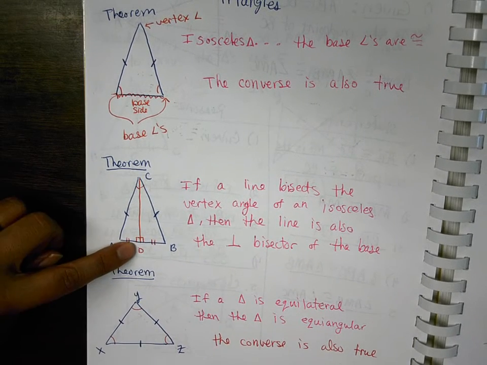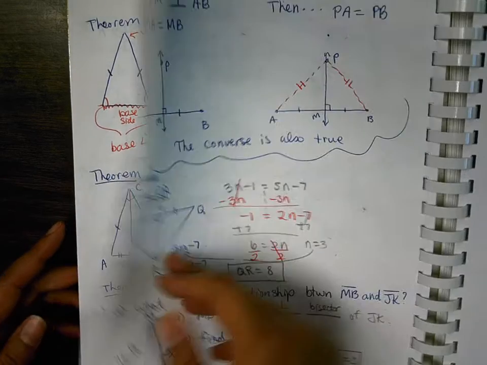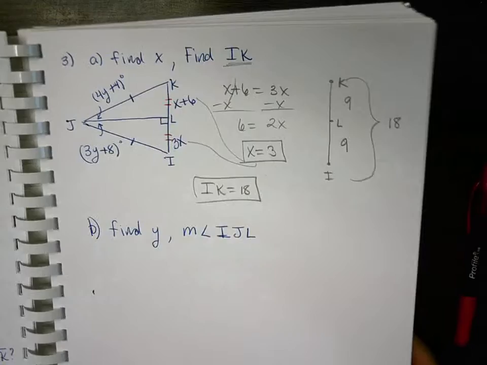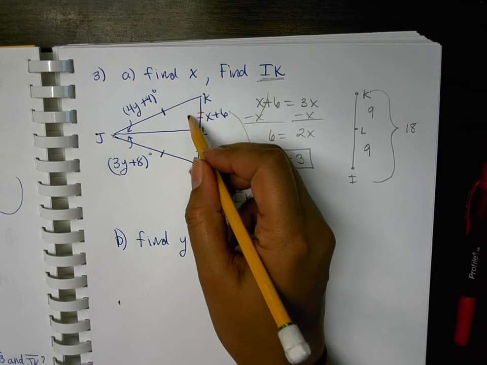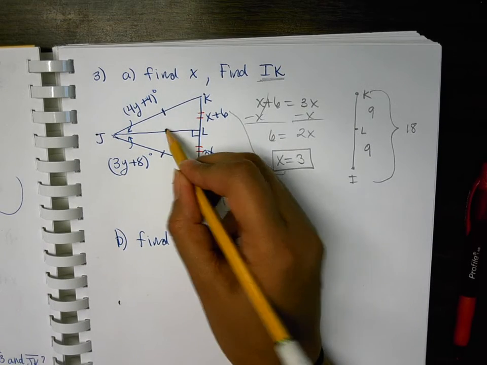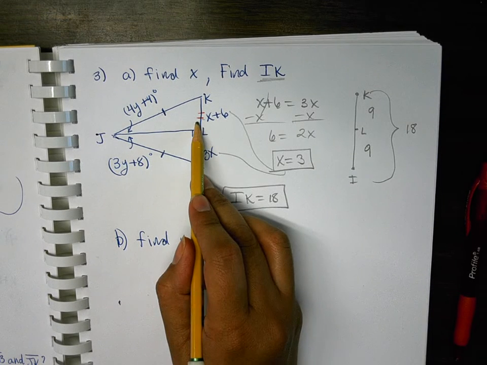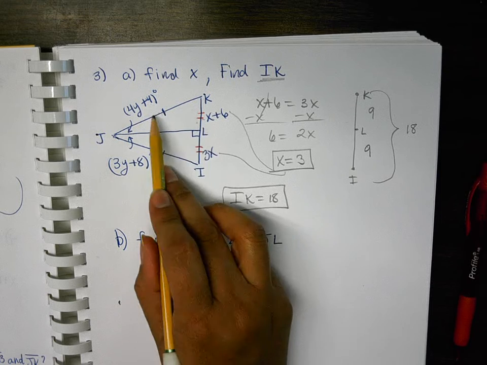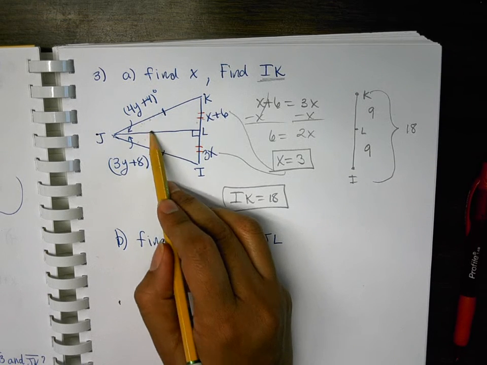Do you see that? And the converse was also true. So, you could say these two triangles are congruent by hypotenuse leg. Do you guys see that? Which means corresponding parts of congruent triangles are congruent.